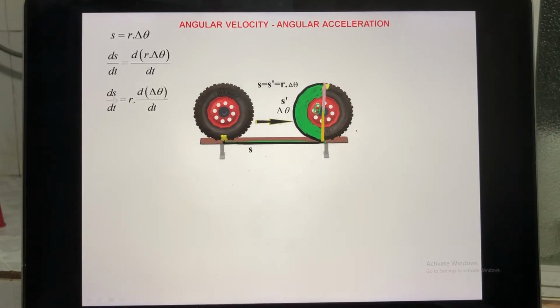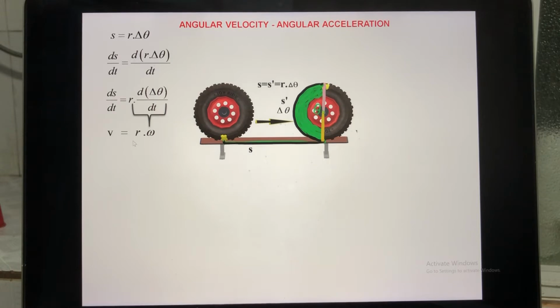And then remember, if you take the derivative of distance with respect to time, you have velocity. And r is a constant. I rewrite it. If you take the derivative of angle with respect to time, you have the angular velocity. So here is the relationship between angular velocity omega and linear velocity v.